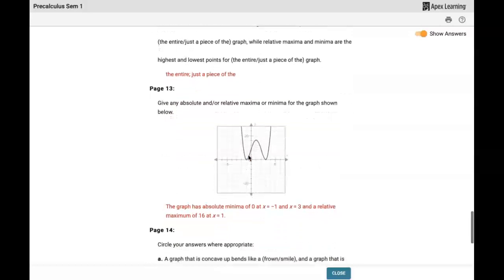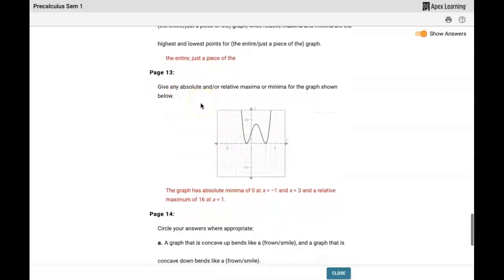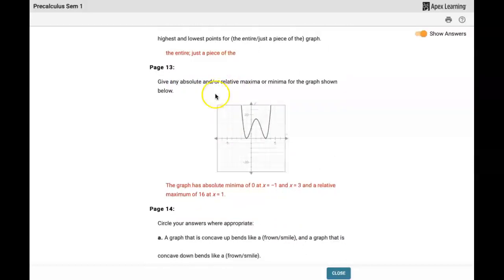So given absolute or relative max or min of the graph, the min points would be those two and the max points would be there. And again, how you have to say that is the graph has an absolute minima of 0 at x equals -1 and x equals 3. We're not giving coordinates.